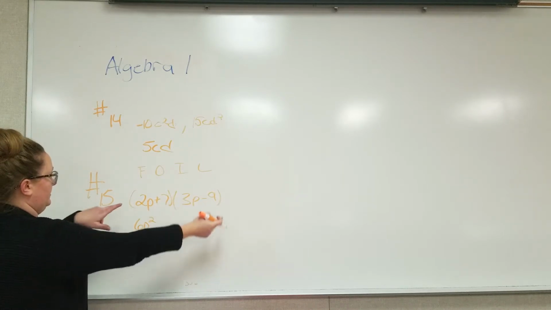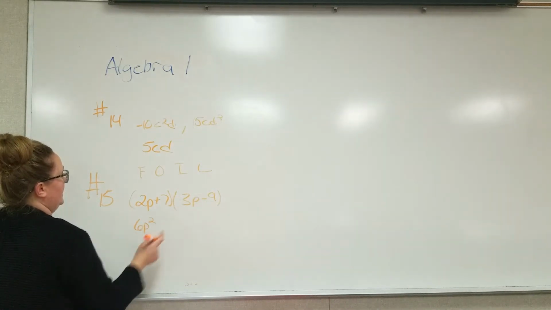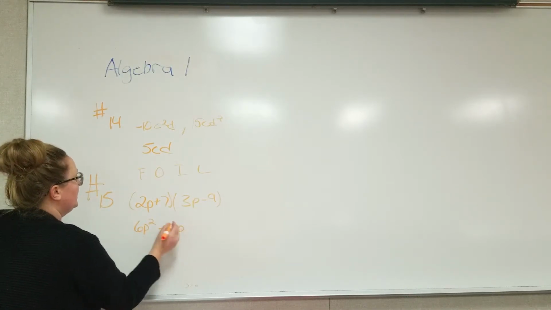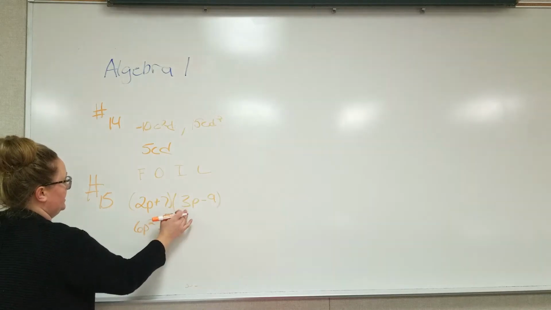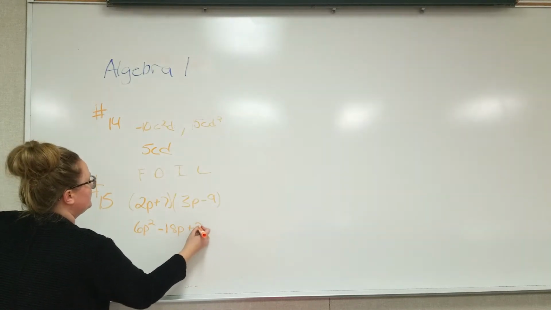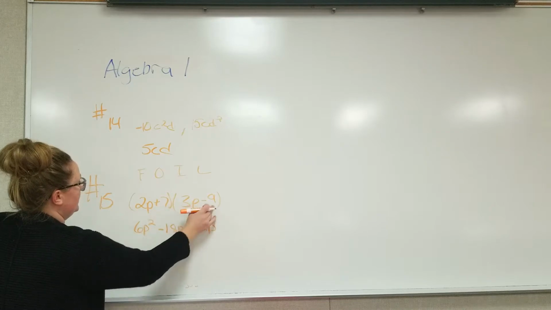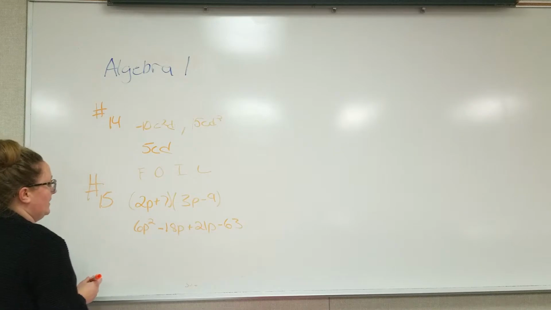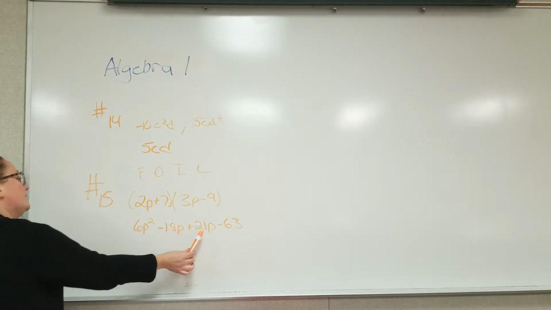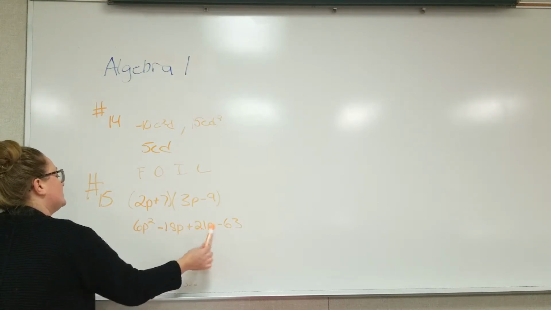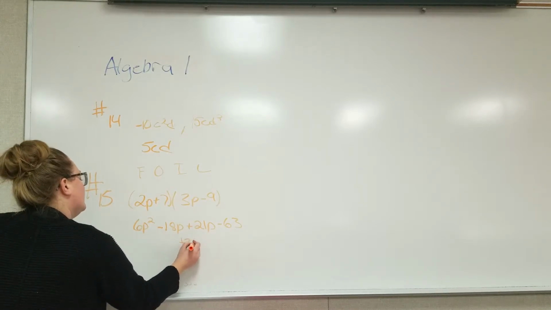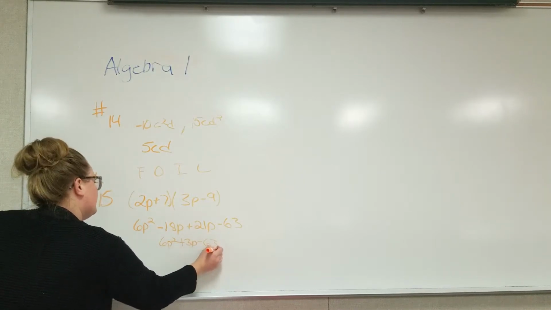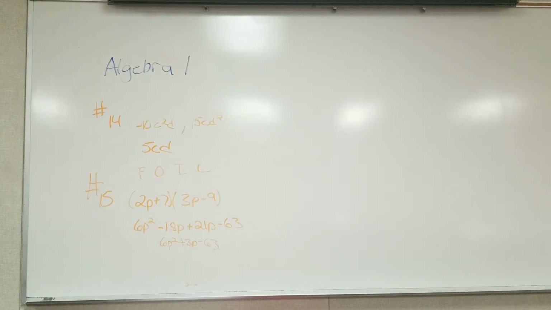Then outside terms, 2p times a negative 9. A positive times a negative is a negative 18p. Inner is 7 times 3p, 2 positives, positive 21p. And last, 7 times negative 9. Negative and positive, negative. 7 times 9 is 63. And then you can combine your two middle terms. Negative 18p plus 21p gives you a positive 3p. So 6p squared plus 3p minus 63. That is how you multiply binomials.